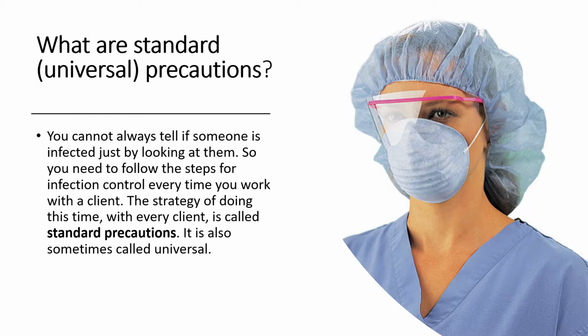You cannot always tell if someone is infected just by looking at them, so you need to follow the steps for infection control every time you work with a client. The strategy of doing this with every client is called standard precautions, sometimes also called universal precautions.